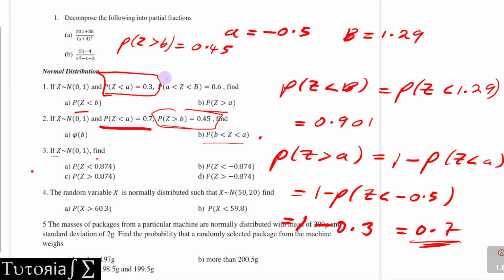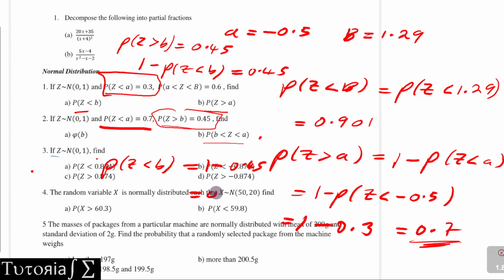So for this one, what you have to do is first make this one a less than. So it will be 1 minus probability of Z less than B equal to 0.45. Then you transpose this, so it becomes probability of Z less than B equal to 1 minus 0.45. I guess it will give you about 0.55.